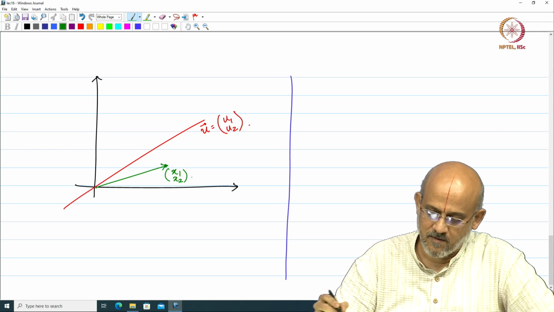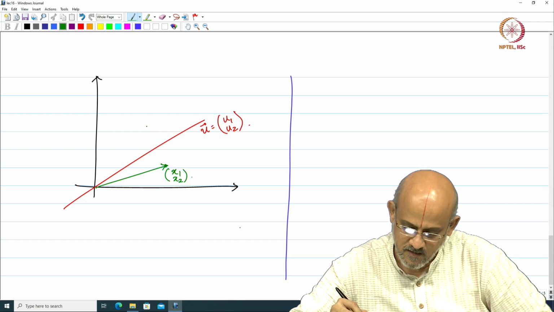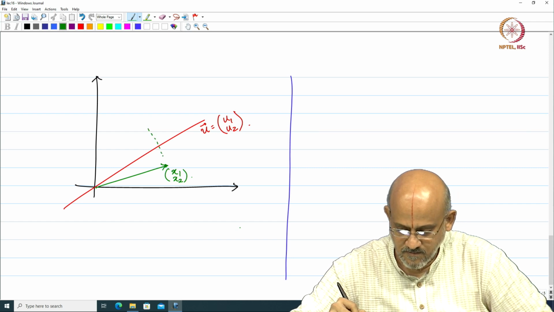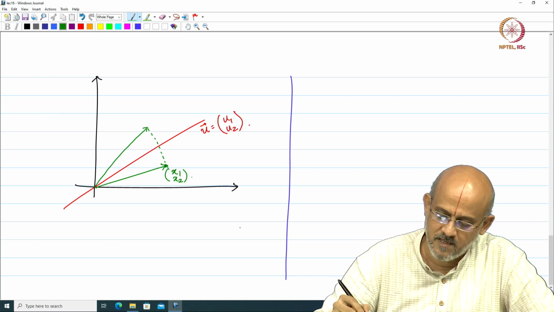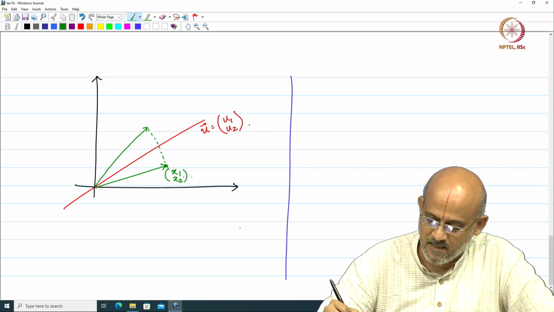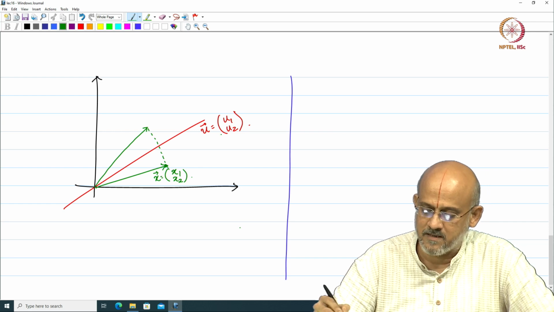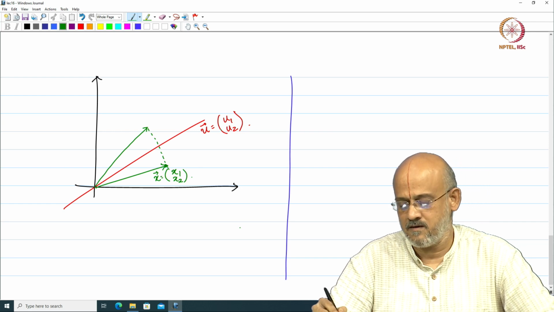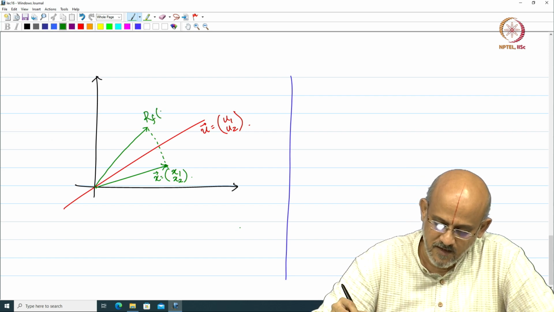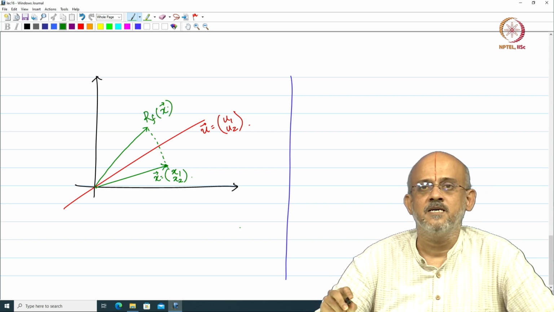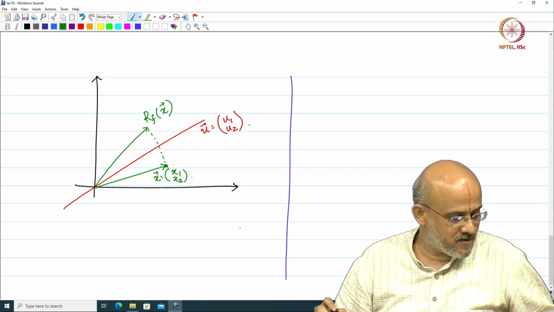Now, what we want is a reflection about this line, which is going to be here. This is the reflection of the point x, the vector x, about the line passing through the origin defined by the vector u. So, this is going to be RF of x, where RF of x denotes the reflection of x. Okay.